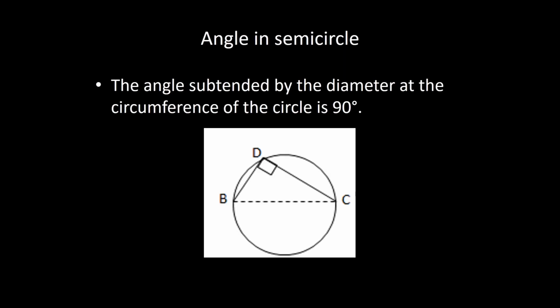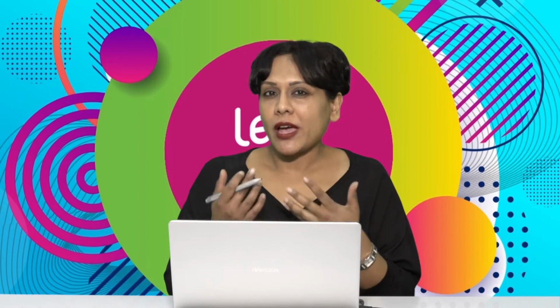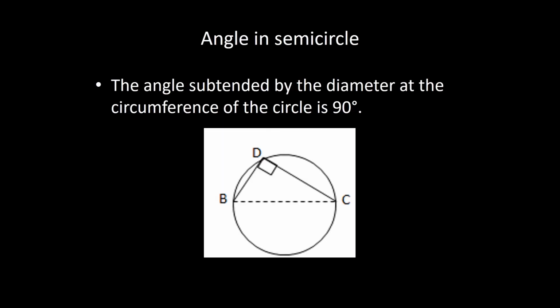All right. The next one is the angle in the semicircle. What this is, is basically a deduction of angle at the center being twice the angle at the circumference. So in this one, your angle at the center actually measures 180 degrees. So have a look at the diagram. We say that the angle subtended by the diameter, which is BC, at the circumference of the circle is 90 degrees.